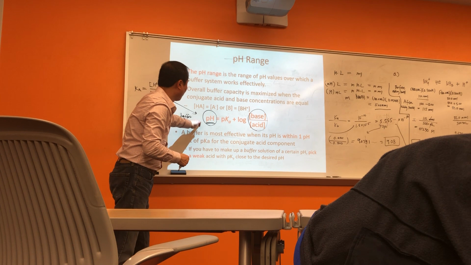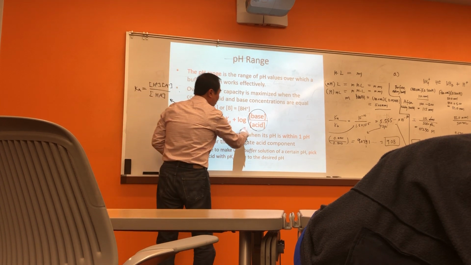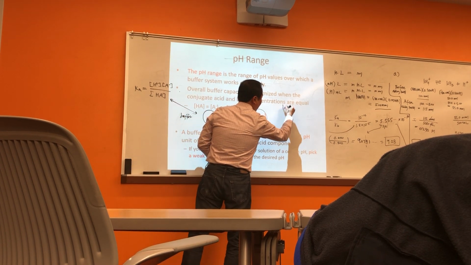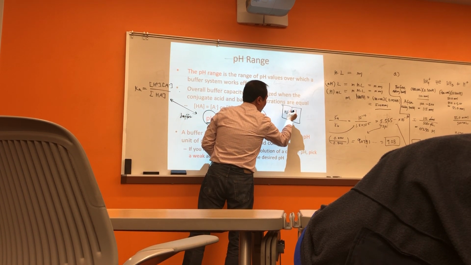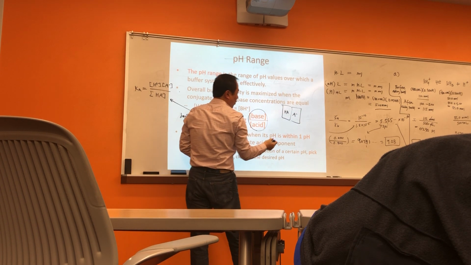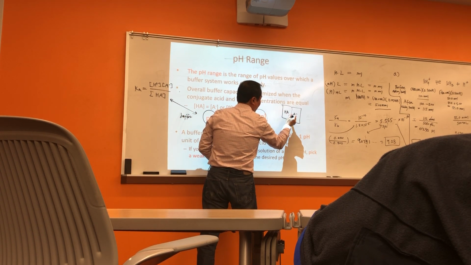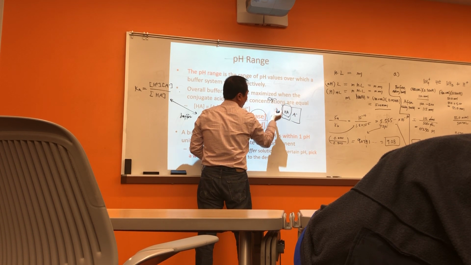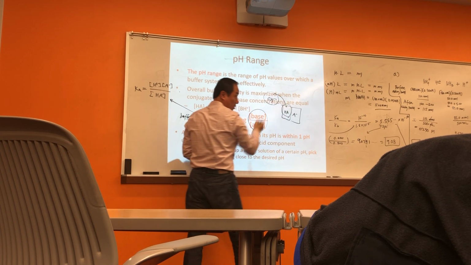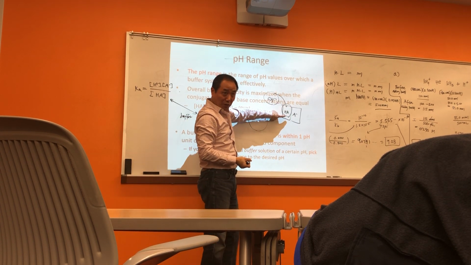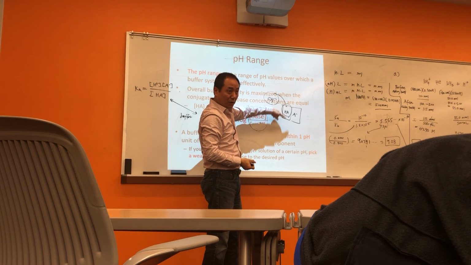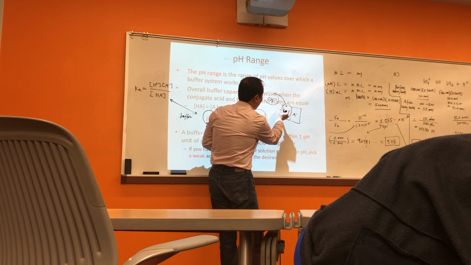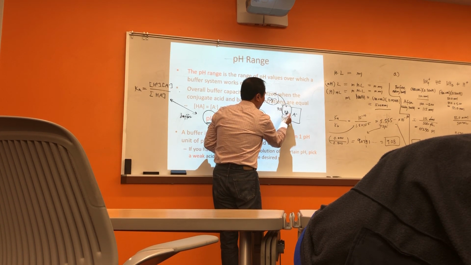So pH changes slowly. But if you look at this logarithm, you will see that, let's say I have acid and base, just like that. But if about 90% is used up, let's say somehow accidentally a lot of base enters the body, and it used up 90% of the existing conjugate acid.